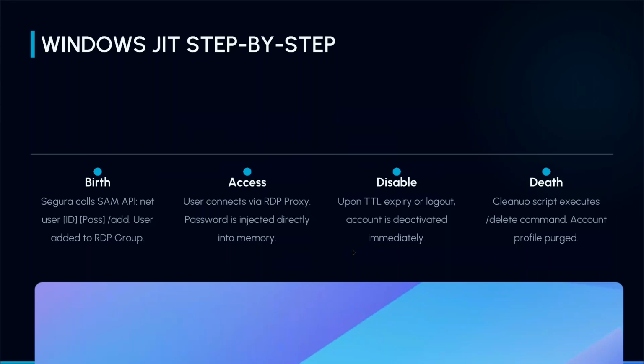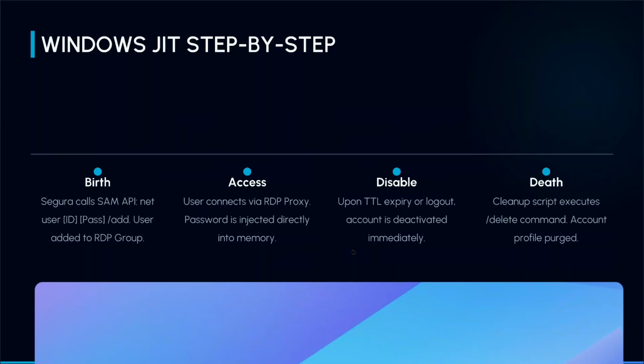Okay. So let's talk about how Windows just-in-time works. It similarly applies to cloud as well. For Windows Server, we will call the SAM API. It's simply net user add, and then create an RDP user, and the user accesses through an RDP proxy, which uses that password to inject directly into memory.